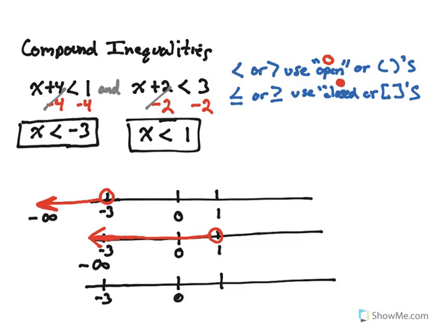The other graph starts at negative 3 and goes all the way to infinity. So if I superimpose these onto one graph, then I can just go ahead and put my open circle over 1, and then just shade everything to the left to negative infinity. Okay?